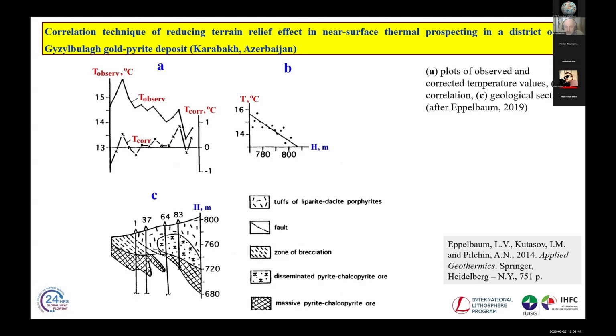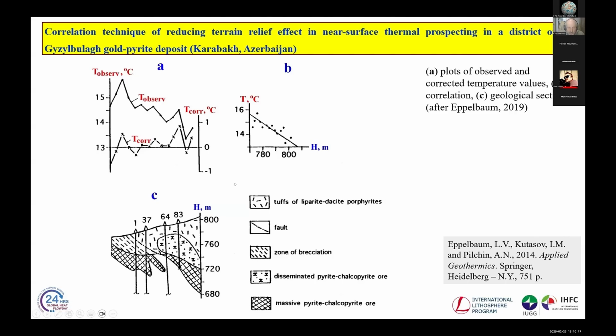We can apply the same procedure for reducing the terrain relief effect in temperature prospecting by use of the correlation method, but with inverse sign. In temperature, we have a decrease of the temperature values with increasing height of relief.